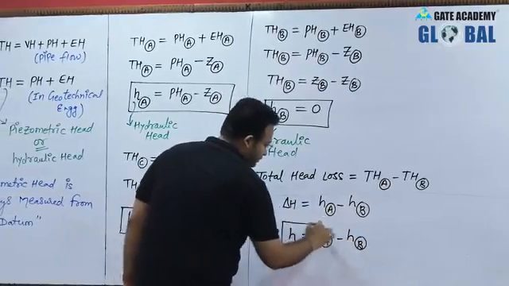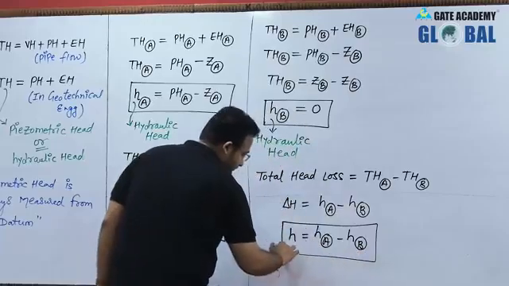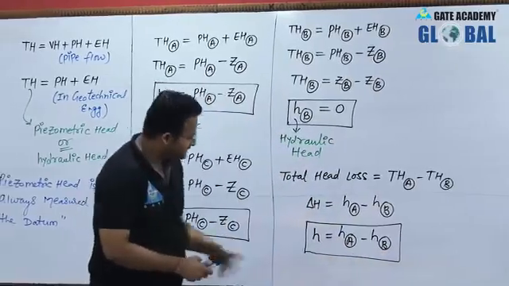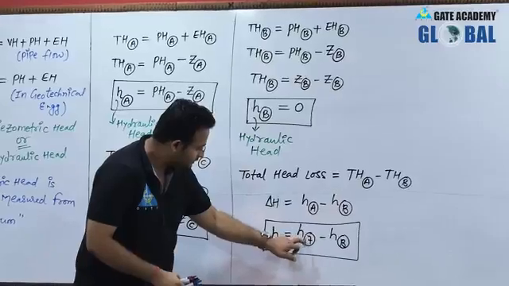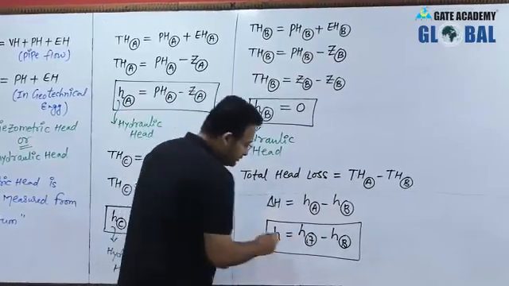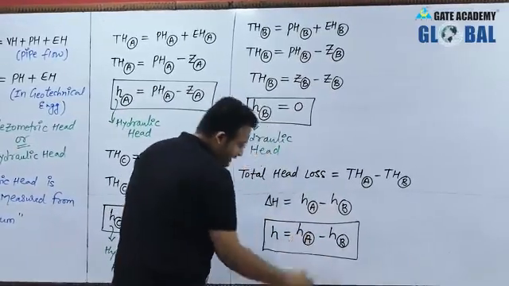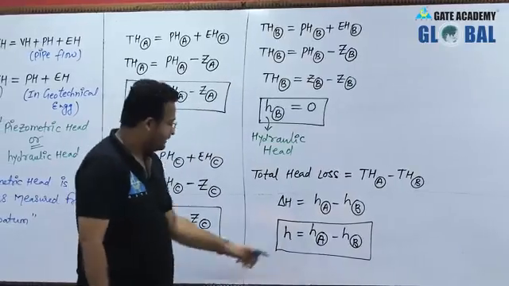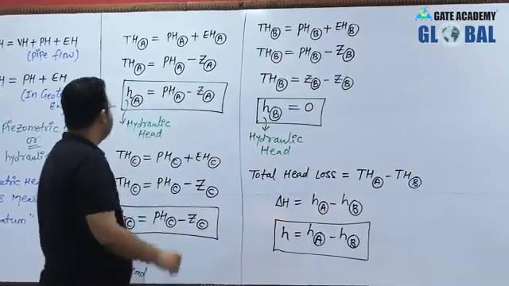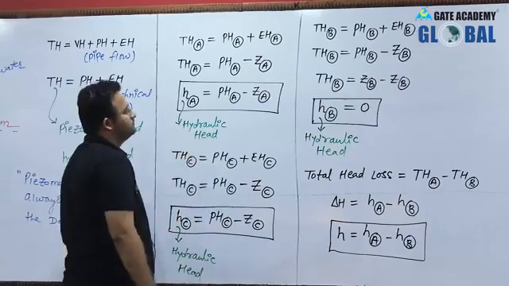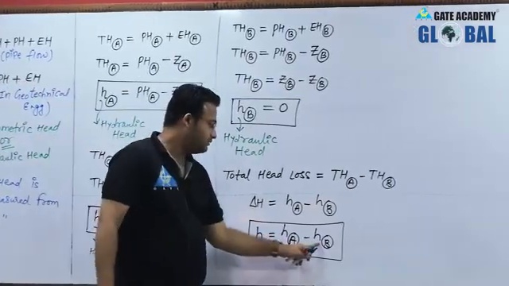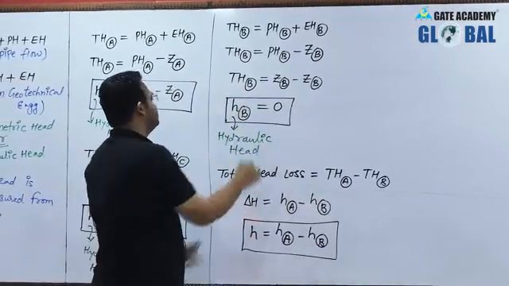So like that also we can write. Can I see this small h? Yes, of course. First thing you should notice: what is the hydraulic head at A? This is the hydraulic head at A. What is the hydraulic head at B? The hydraulic head at B is 0.